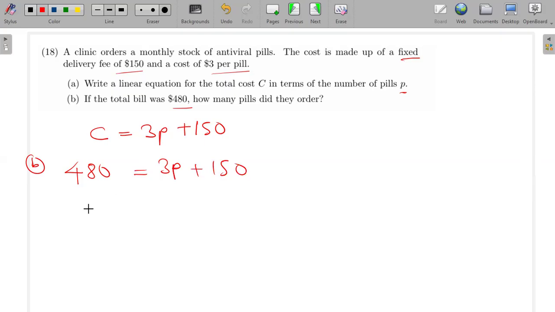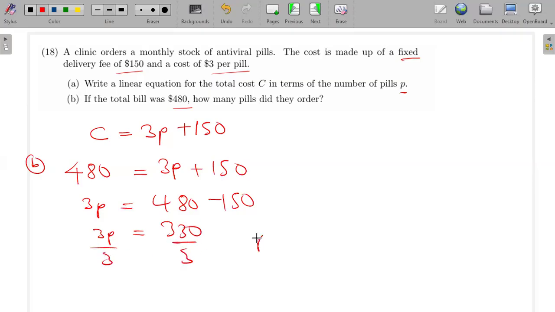If I take 150 to the other side, I get 480 minus 150. This gives me 3P equal to 330. Divide by 3 on both sides, and I get P is equal to 110. So they ordered 110 pills.